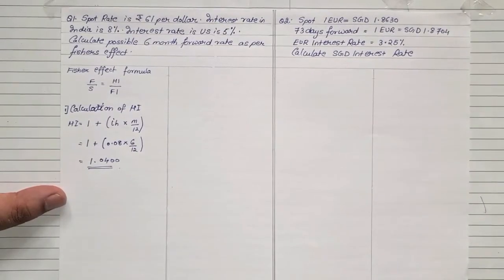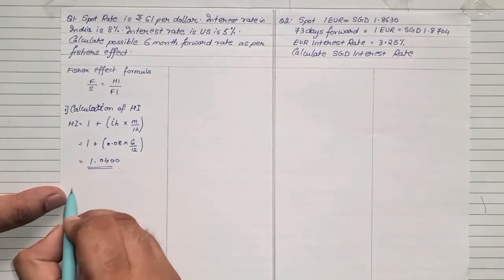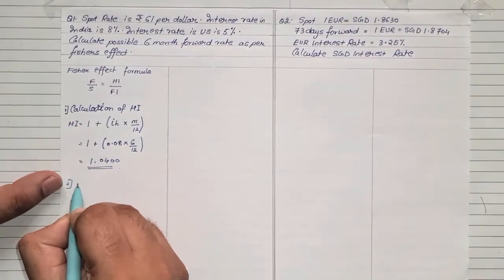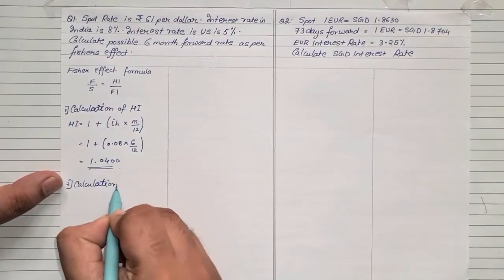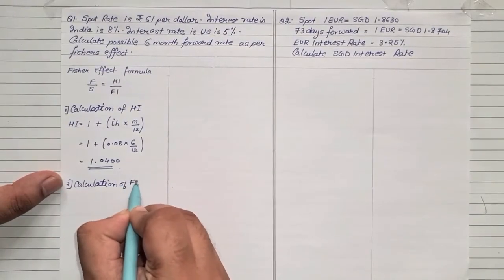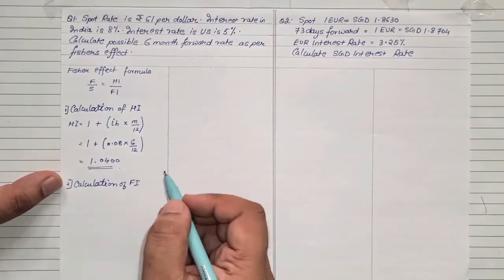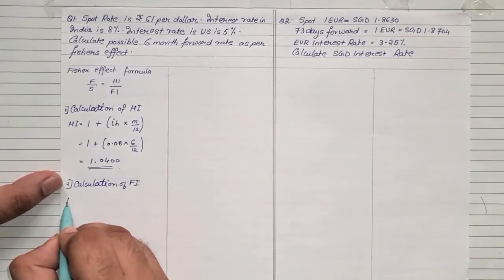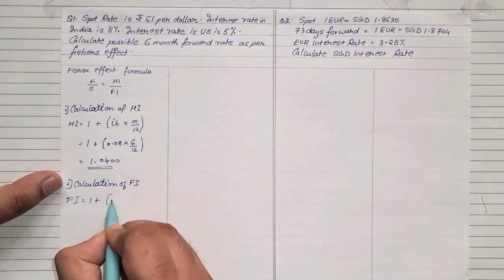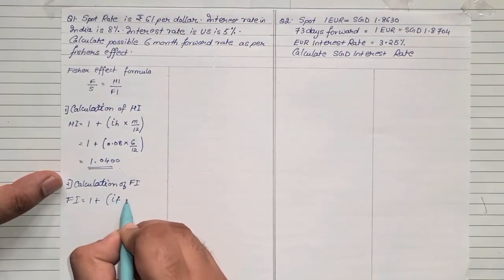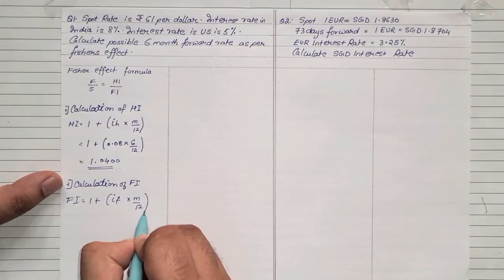After finding HI, we have to do the second calculation, of FI, that is based on the foreign currency. So FI equals, again the same formula, 1 plus I, but this is of the foreign currency, into M divided by 12.